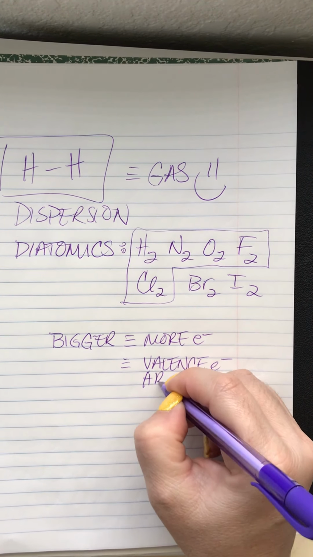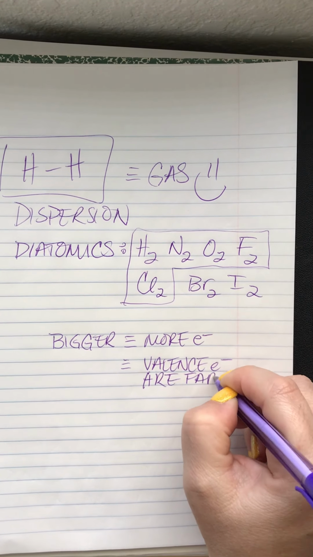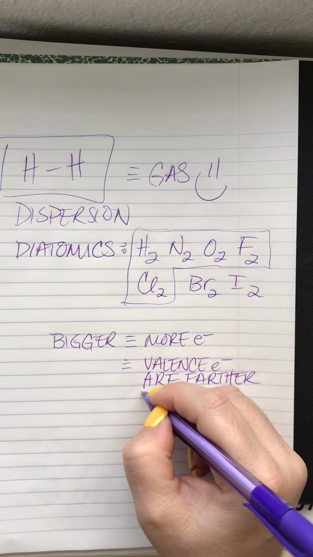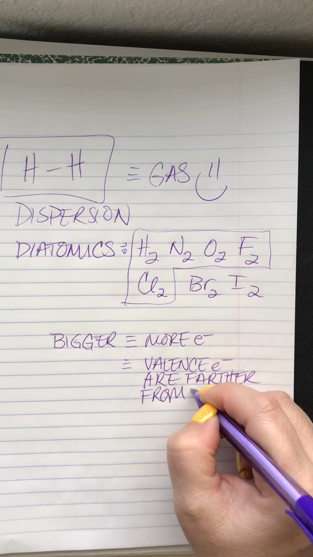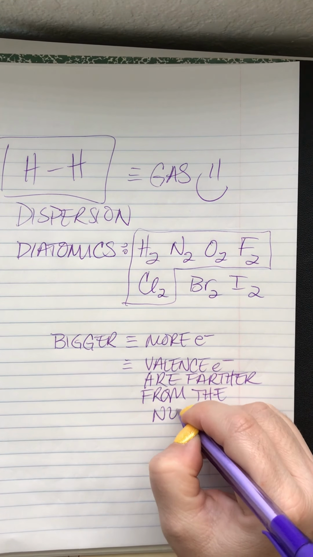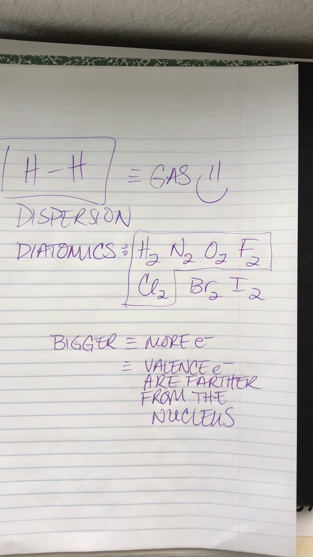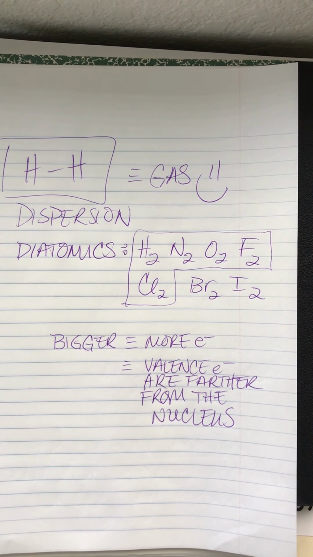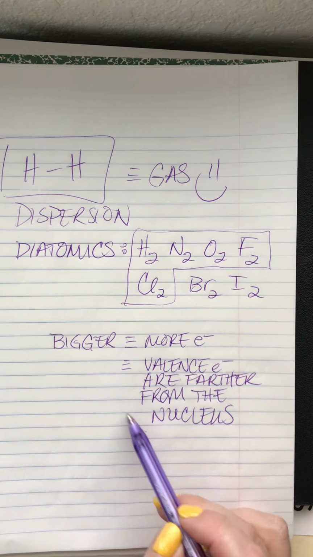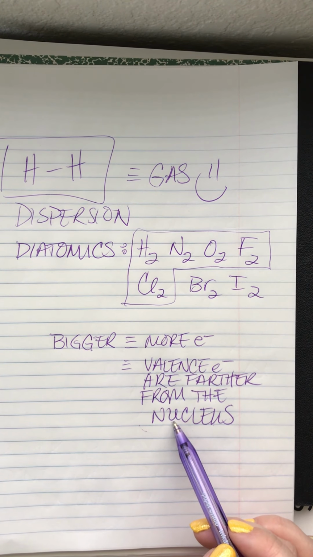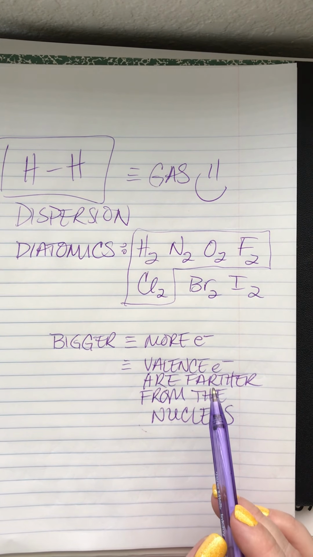As they get bigger, their valence electrons are farther from the nucleus. If you're farther away from the nucleus, then you're feeling less of that positively charged force holding on to you. So if you're feeling less pull from your outermost electrons, then those electrons are basically more free to move around.